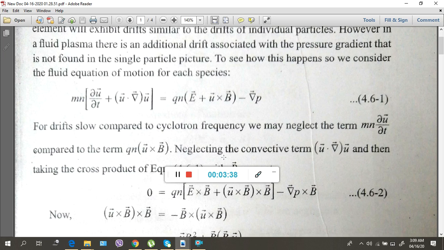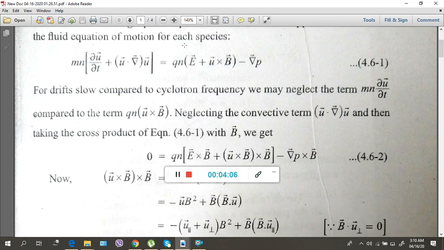So neglecting the convective term, this convective term is also neglected because this term is responsible for the drift of the charged particles, and the other term is responsible for the cyclotron frequency.